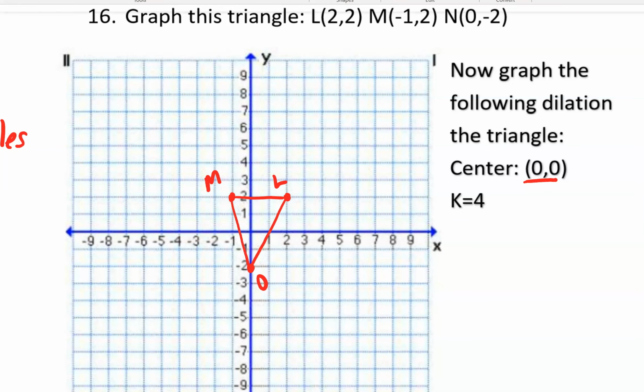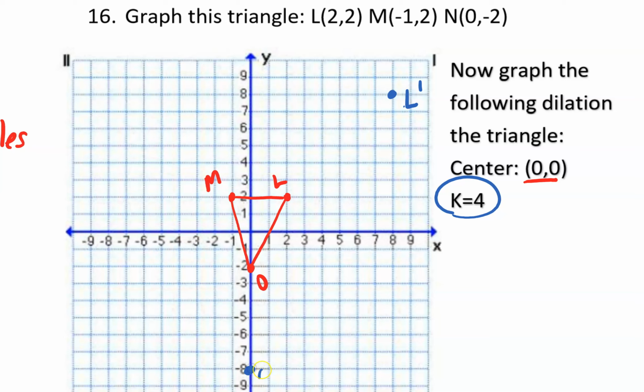Because now I'm just going to go, how far away is it from the origin? I'm going to do it 4 times that, times 4. So 2, 2 times 4 would be 8, 8. That's L prime. 0, -2 is going to be 0, -8.